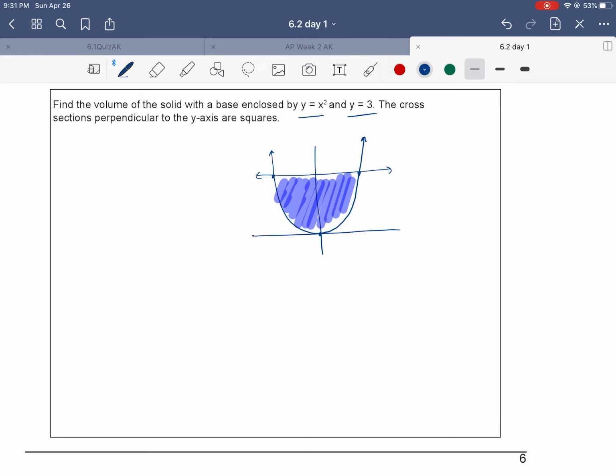Okay. Then I keep reading. So cross sections perpendicular to y are squares this time. So perpendicular to y, parallel to x, horizontal, x equals. Okay. So my slices are here.